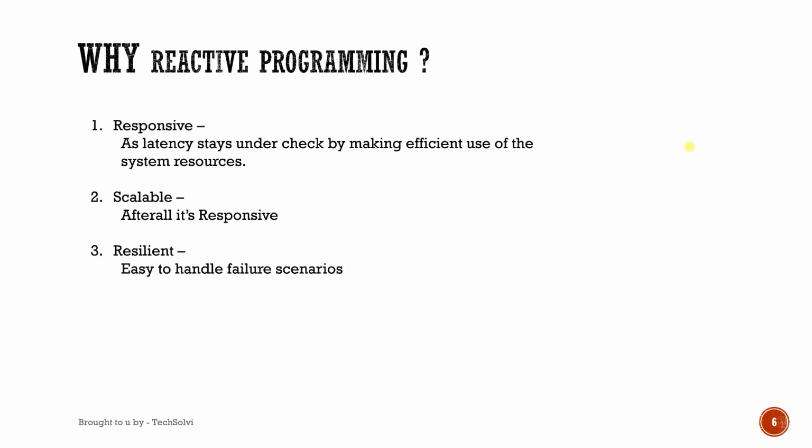And also reactive programming happens to be more resilient because it gives us the capability to handle failure scenarios. Therefore today we learned how reactive programming is more superior than the conventional ones.